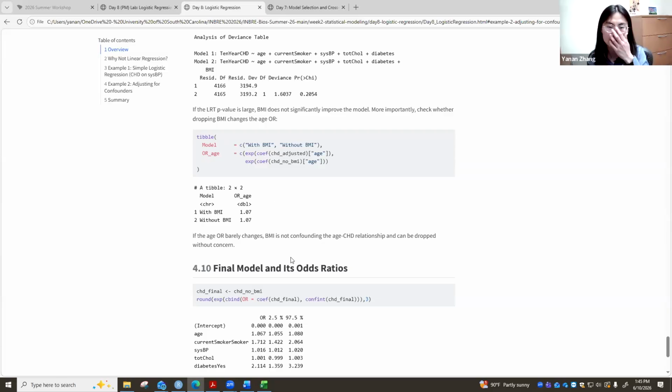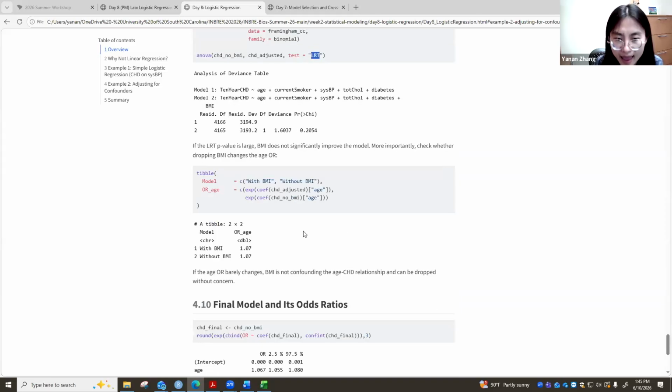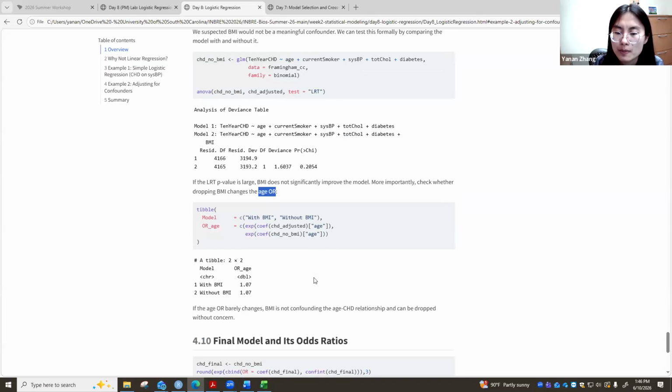In this case, no, we don't need BMI. So based on those two perspectives, the likelihood ratio test and the change of the effect of the main predictor, we decide to remove BMI from our final model.